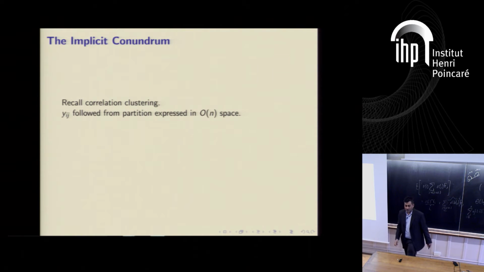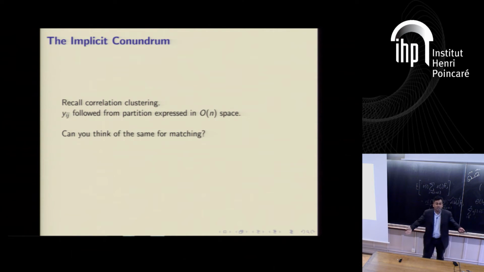This is what you were also alluding to. So I was really interested in this partitioning. Y_ij was one way of expressing that partitioning. So can you think of a similar implicit solution for matching? What would that be if I asked the same question for matching?